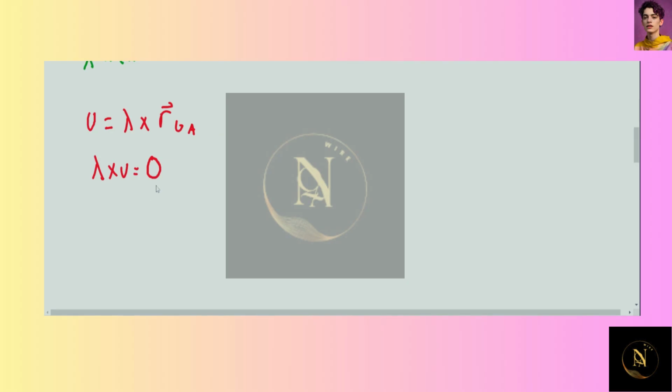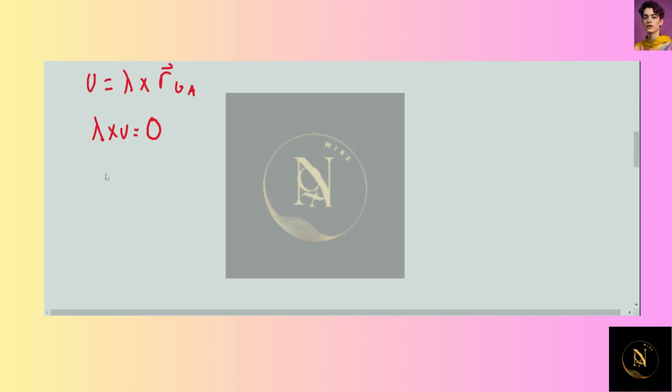So if this is 0, that means that this u vector is either equal to 0 or is parallel with the unit vector that's on the fixed axis that's also on the points G, A, and B. So now I'll write that u is equal to the unit vector cross the position vector from G to A, which is equal to 0.